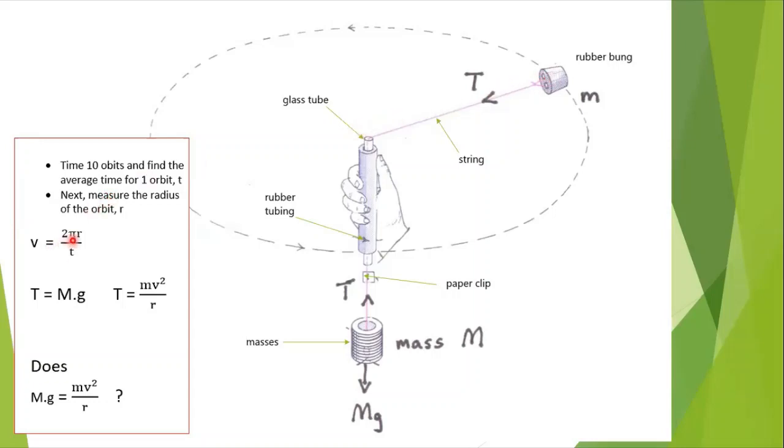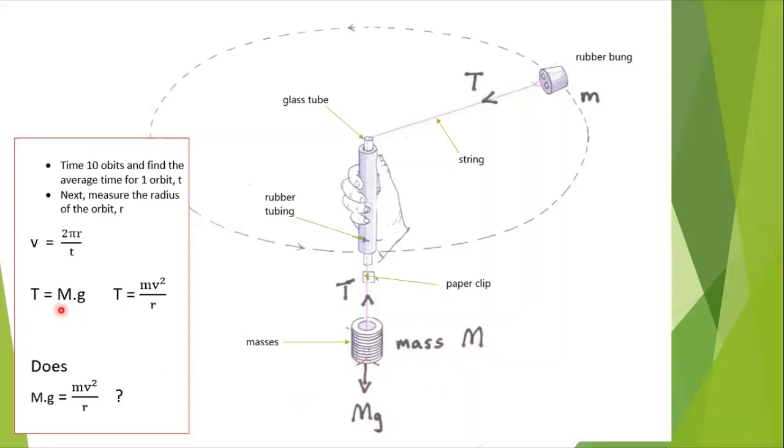We know that v equals 2 pi r over t. We've looked at that before. Now, the T is the tension in the string, which acts inwards here. That tension is the centripetal force. So T equals mv squared over r. But here, that tension acts this way, upwards, and it must be equal to the weight of these small masses that we've got here, large M times g.